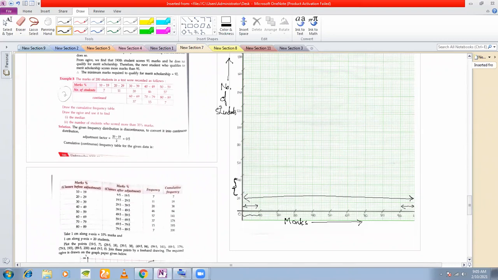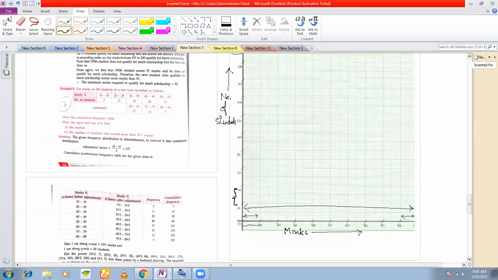That is why I have taken 10 divisions as 20 units. And what are these divisions? 0 to 20 is the number of students, 20 to 40 is the number of students. That means how much is one division? If 10 divisions is 20 students here, that means one division is 2 students.